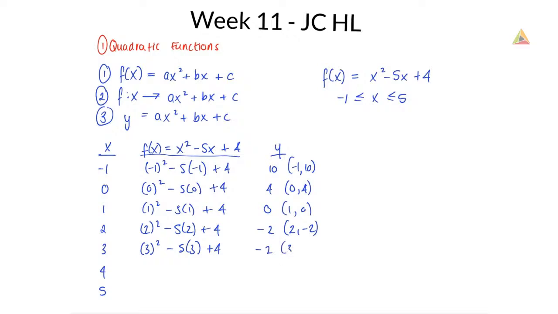So your point is 3, -2. Then 4 squared minus 5 by 4 plus 4, and you get a result of 0 on the calculator. And then finally 5 squared minus 5 by 5 plus 4, and you get a result of 4. I forgot to put in the points for those, so it's going to be 4, 0 and 5, 4.